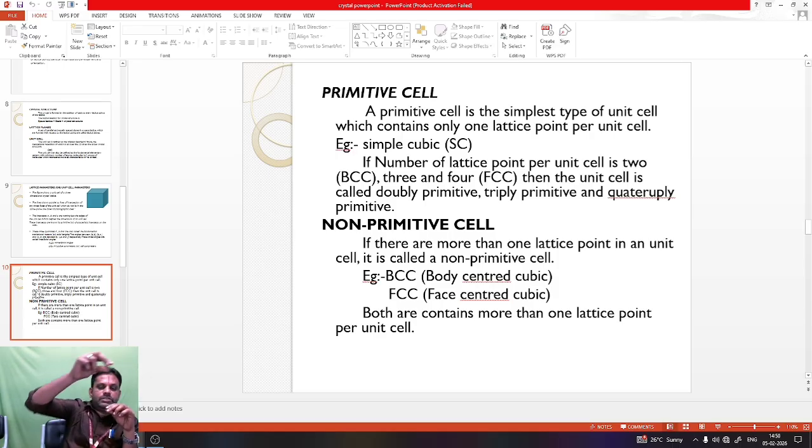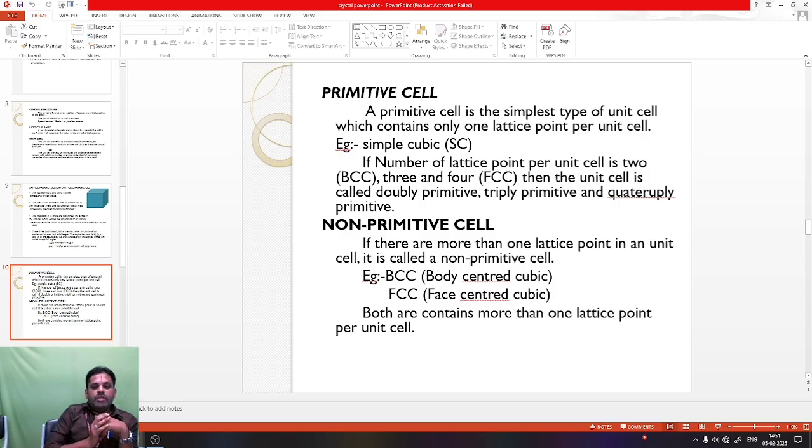At the corners, you are keeping a ball. This is the simplest crystal, which consists of atoms only at the corners.